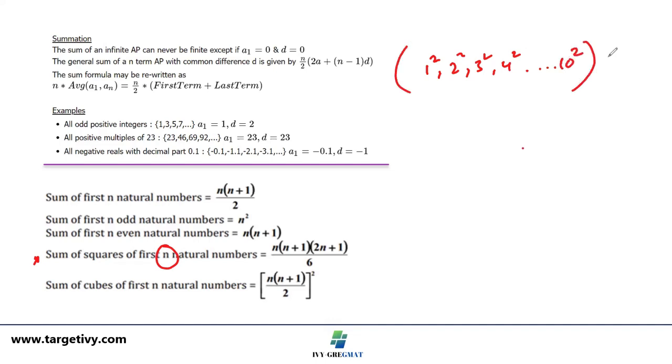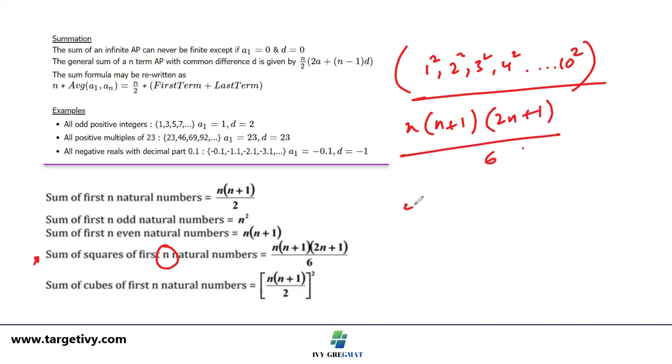If I want to make a summation of this, the formula will be n into n plus 1 multiplied by twice n plus 1 divided by 6, which is equal to, n here is 10, 10 into 10 plus 1, 11 multiplied by 20 plus 1, 21 divided by 6. Now we can work out whatever the answer will be.